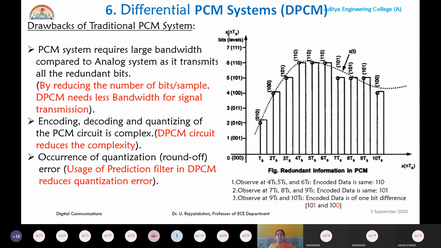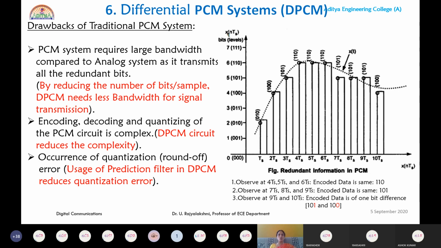For 9TS you have 101 and for 10TS you have 100. So instead of transmitting 101 and 100, you can transmit only the difference bit. If the difference bit is transmitted, that is enough.